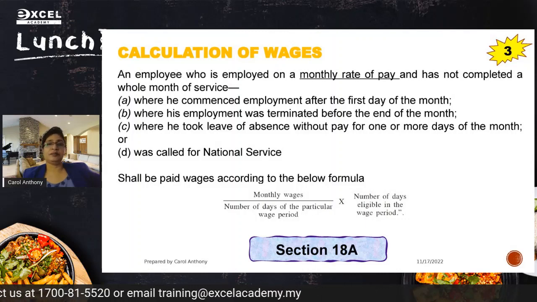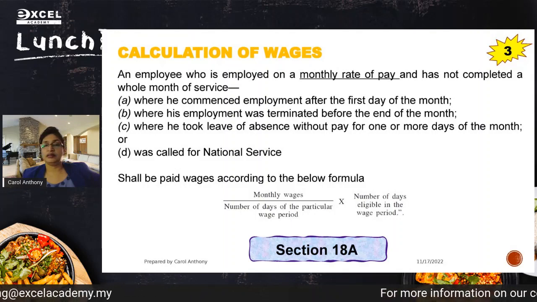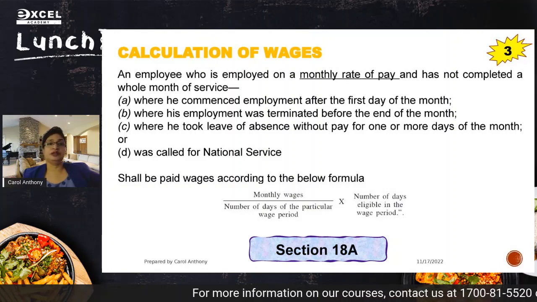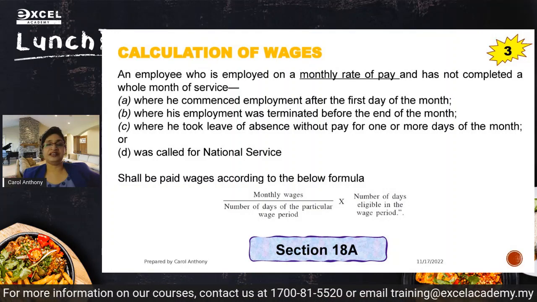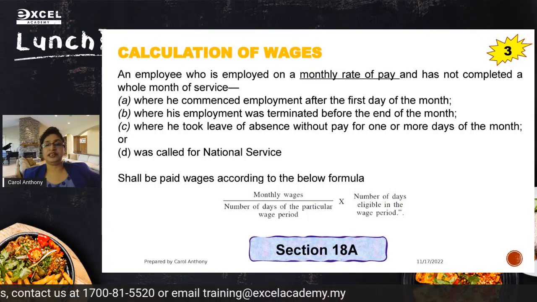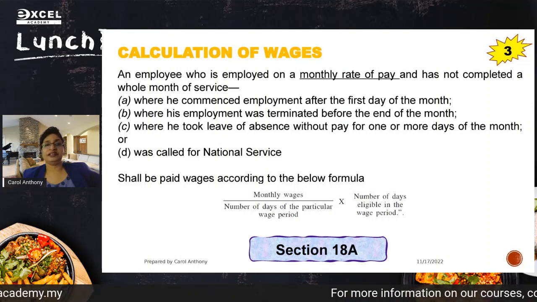Some HR or payroll personnel may be doing it wrongly, and the calculation may be wrong. That's why the authorities, the HR ministry, introduced this calculation of wages formula into the Act itself, so that they can refer to the Act when doing this calculation.